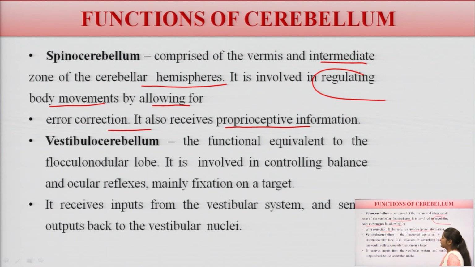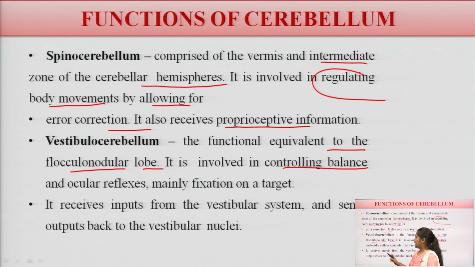Now the last one is the vestibulocerebellum, equivalent to the flocculonodular lobe. It is involved in controlling balance and ocular reflexes, mainly fixation on a target. It receives impulses from the vestibular system and sends output to the vestibular nuclei.